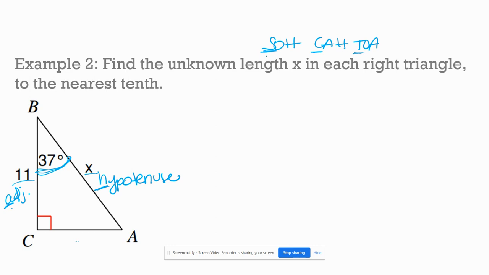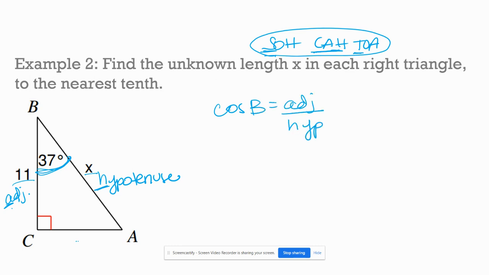So which trig function up here has an A and an H? Cosine, right? So I know cosine of some angle, in this case B, is adjacent over hypotenuse. So in this case, my angle that I'm looking at is 37 degrees, my adjacent side is 11, and my hypotenuse is x.